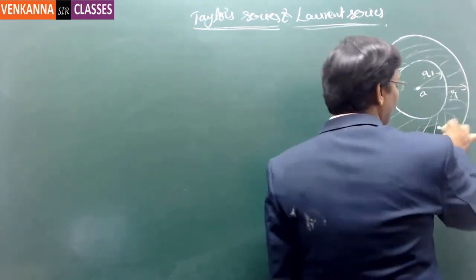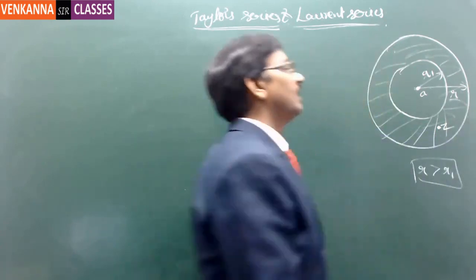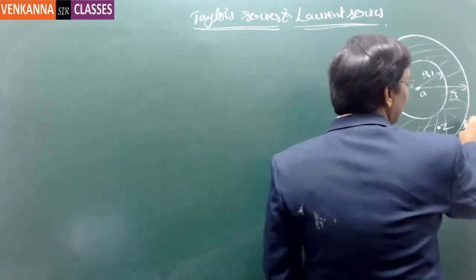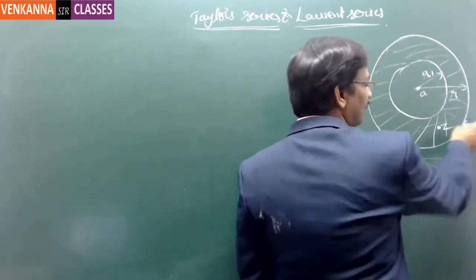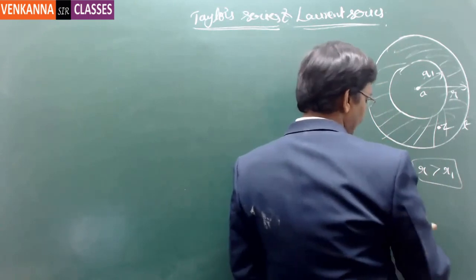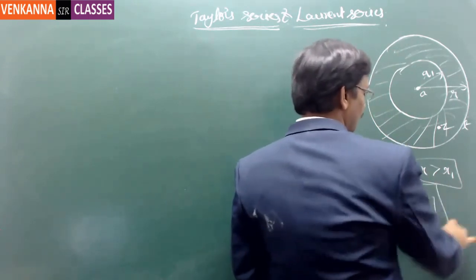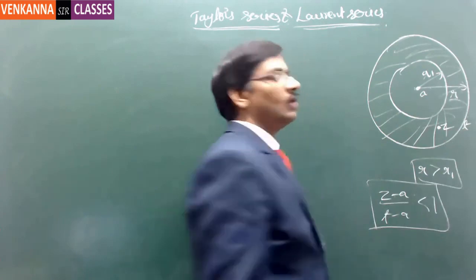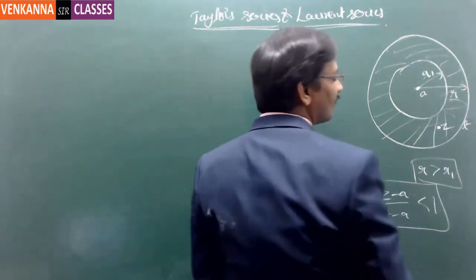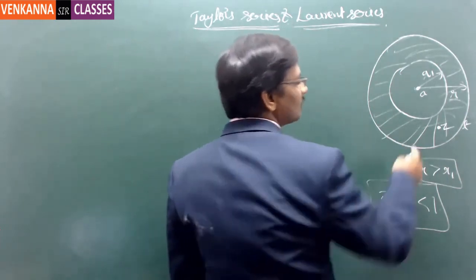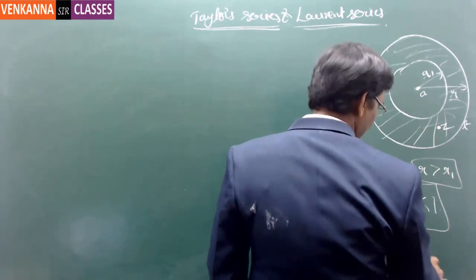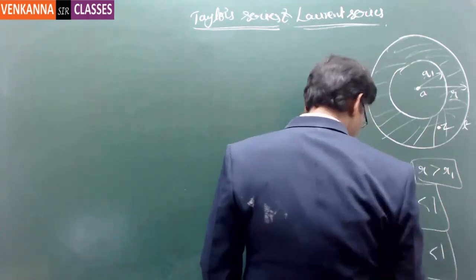Now if you randomly consider a z here, earlier we considered the t value at this point. If you consider the t value on the top boundary, then z minus a by t minus a is less than 1. Suppose you consider the t value on the bottom boundary, then t minus a divided by z minus a is less than 1. This is the difference.